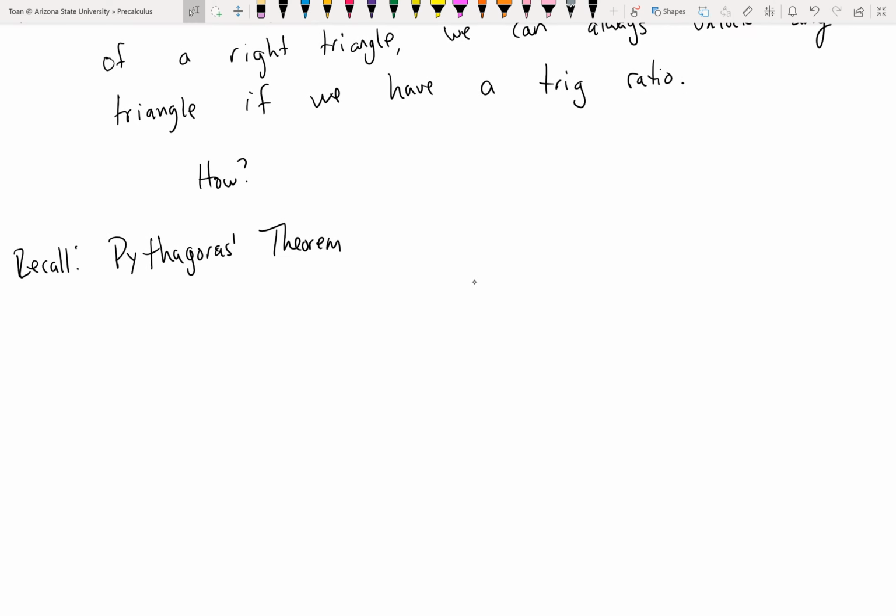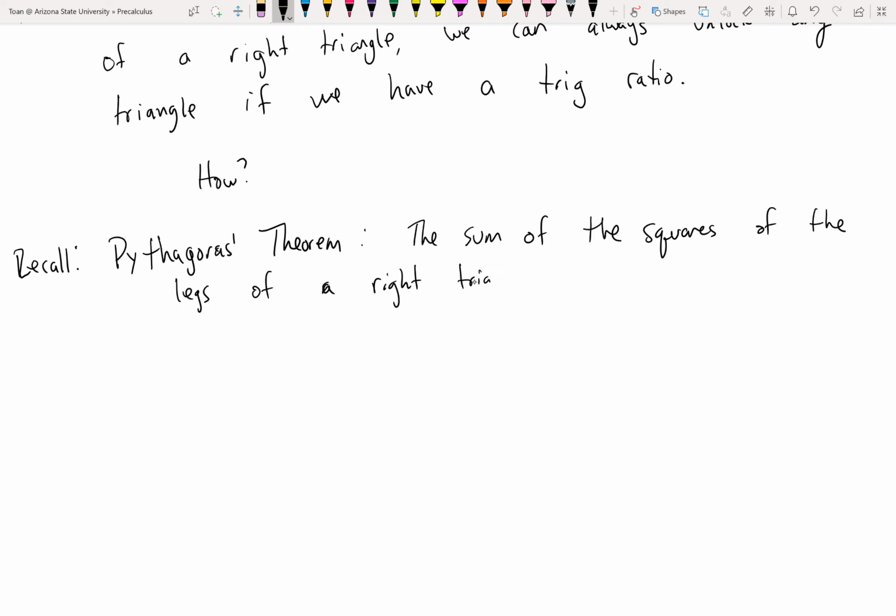Pythagoras' theorem states the sum of the squares of the legs of a right triangle is equal to the square of the hypotenuse.